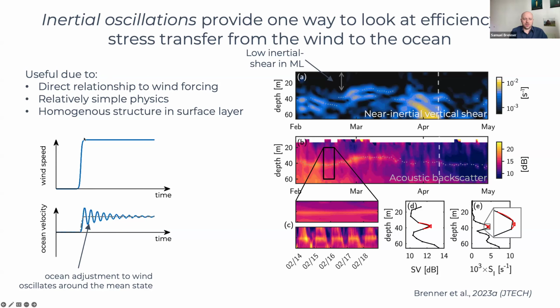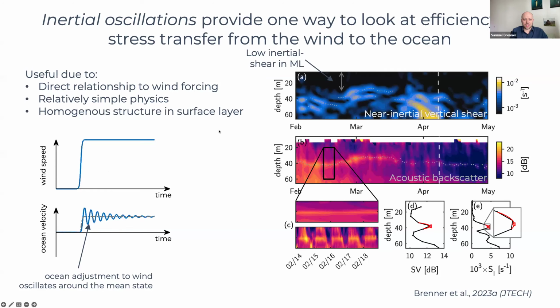If the wind speed changes, you get this sort of transient adjustment to a mean state. And so there's this really nice link. And so if that link is disrupted by the sea ice, we can see it. And the other nice thing about them is that the physics that describe the inertial oscillations to some extent are relatively simple. And so we can make use of that to better understand some of our observations.